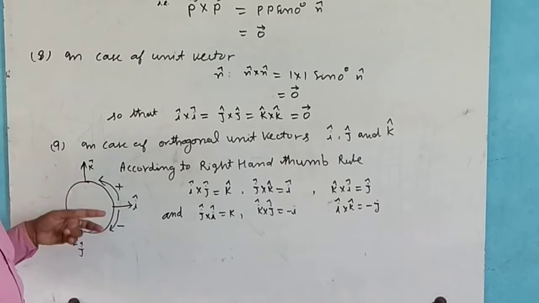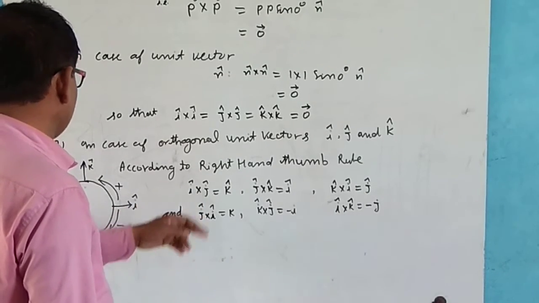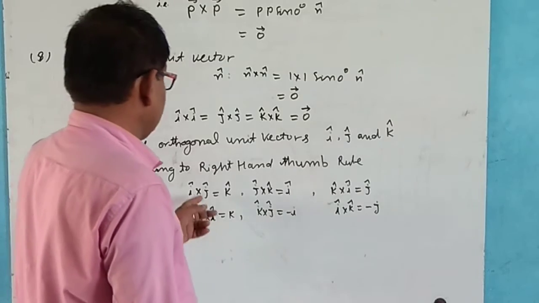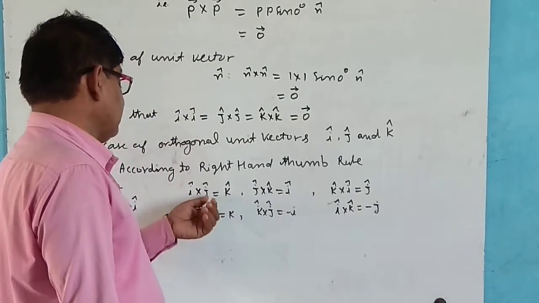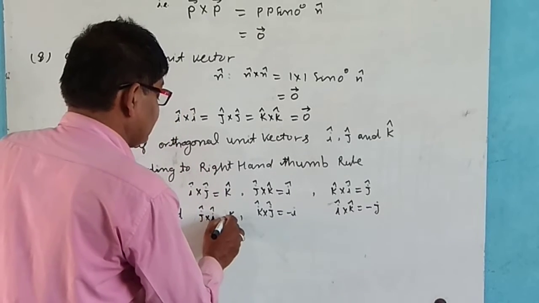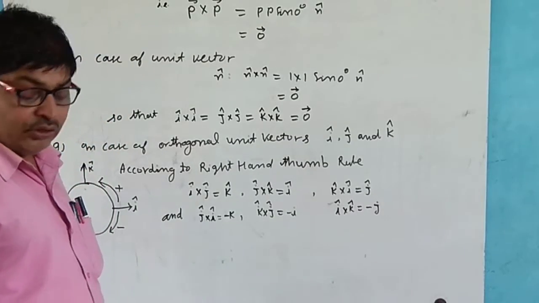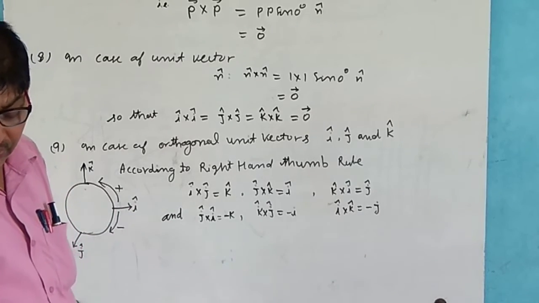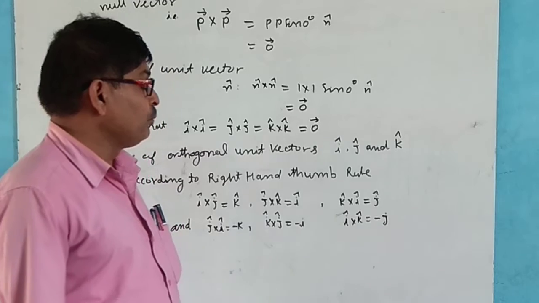So i cross j equals k, j cross k equals i, and k cross i equals j. If the direction is changed, j cross i equals minus k, k cross j equals minus i, and i cross j equals k.